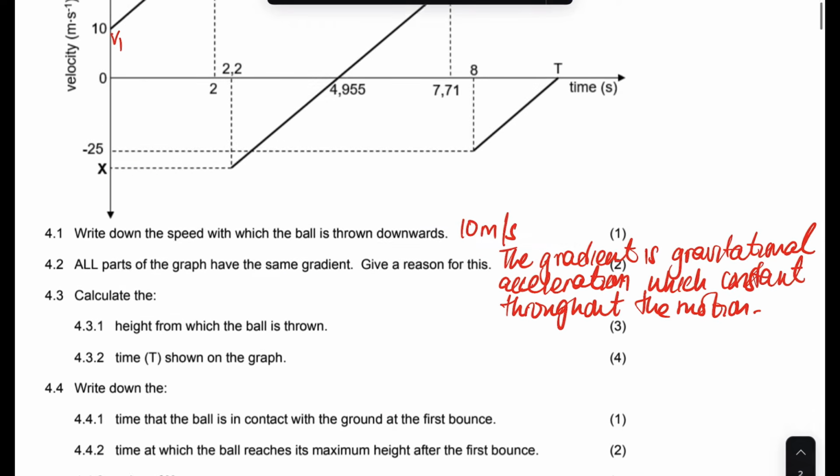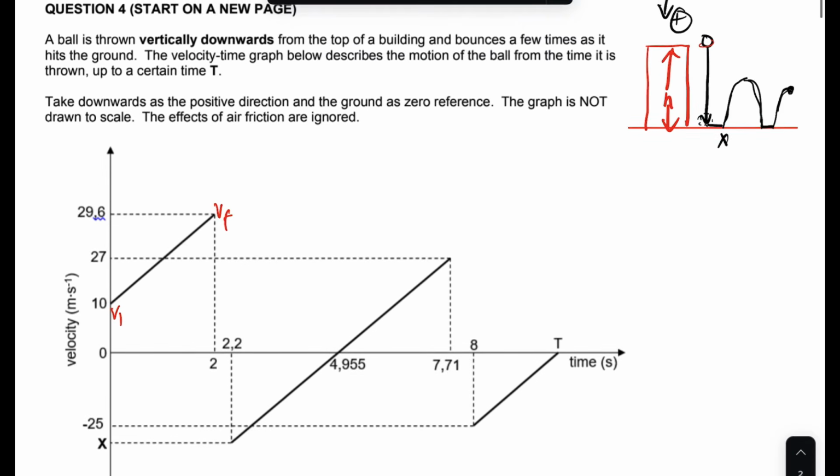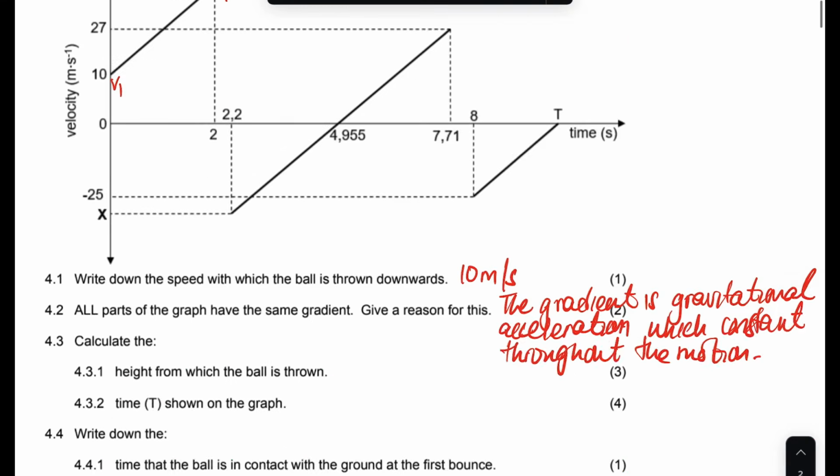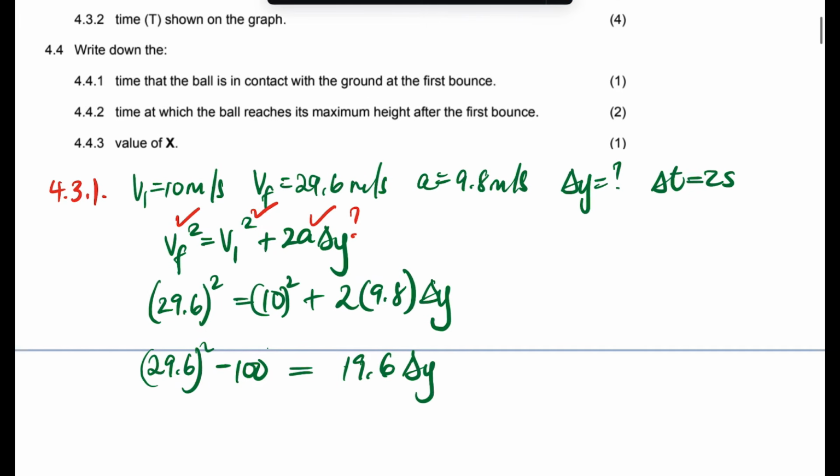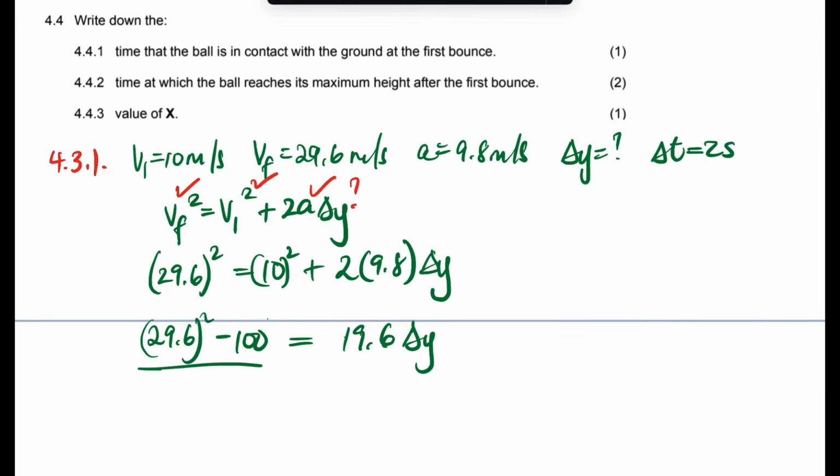Our acceleration, guys, we chose vertically downward as positive, so 9.8 is positive. We're just double checking. And then in our calculator we'll have 29.6 squared, and if we take the 10 squared to that side, it's going to be 100, and 2 times 9.8 is 19.6, and then we divide by 19.6 both sides.